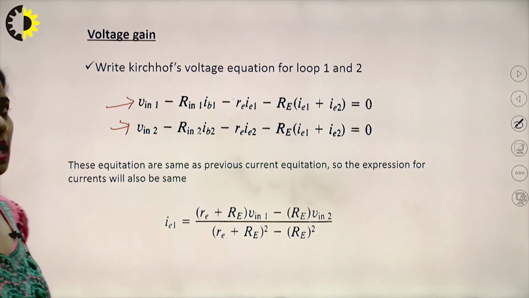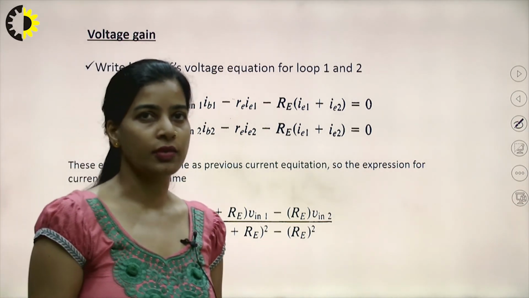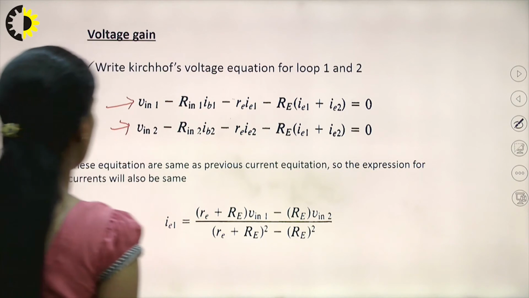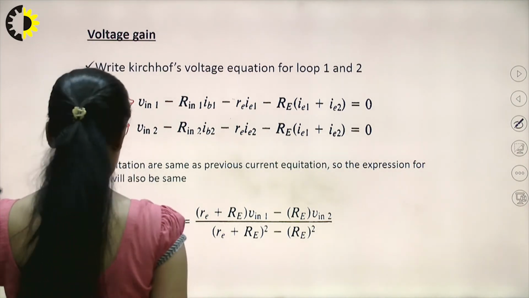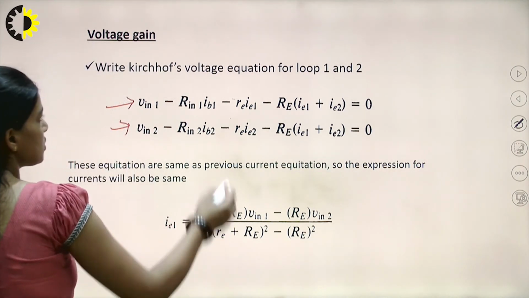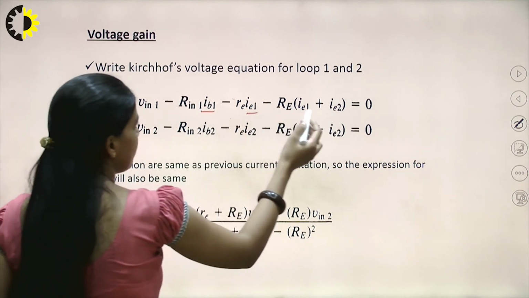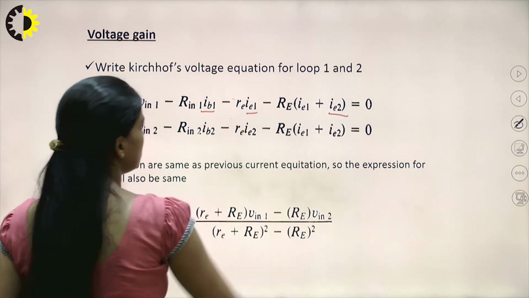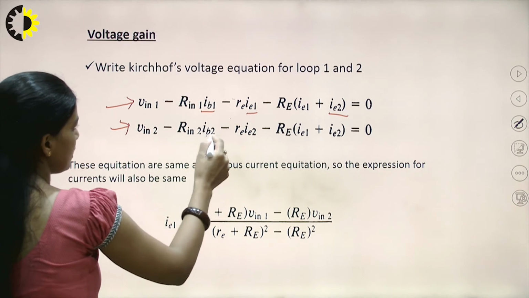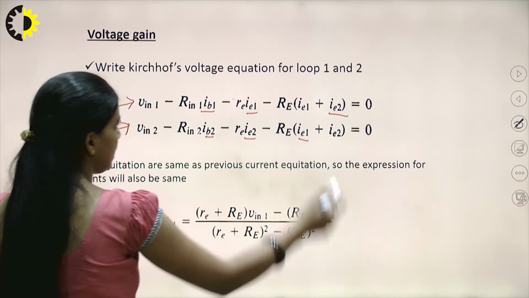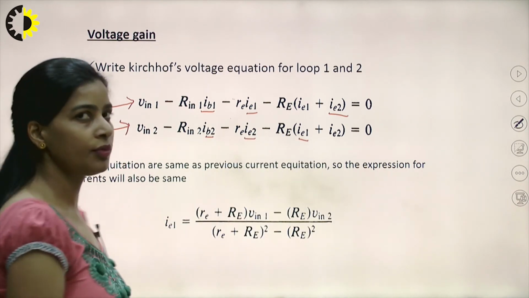These equations are also exactly the same as those of the previous configuration because our loops and the circuit are the same. So here we have IB1, IE1, IE2. Similarly, in the second equation we have IB2, IE2 and IE1. So there are three unknowns and we have two equations.